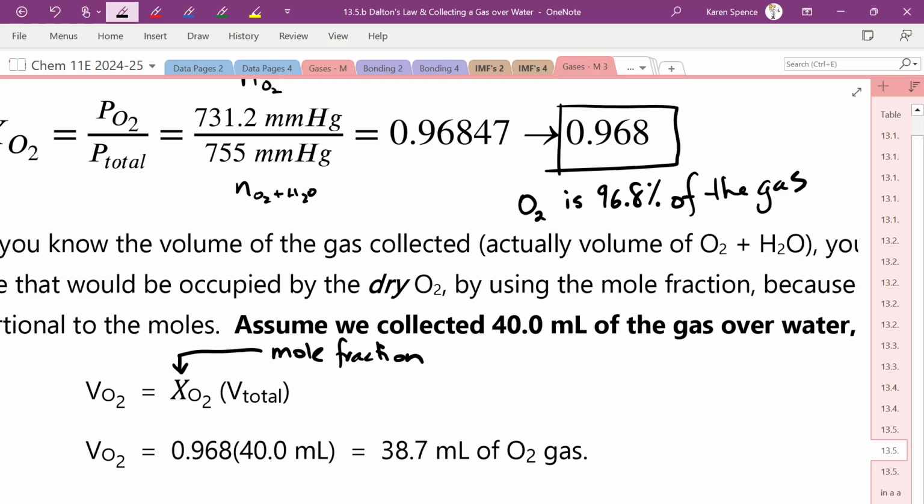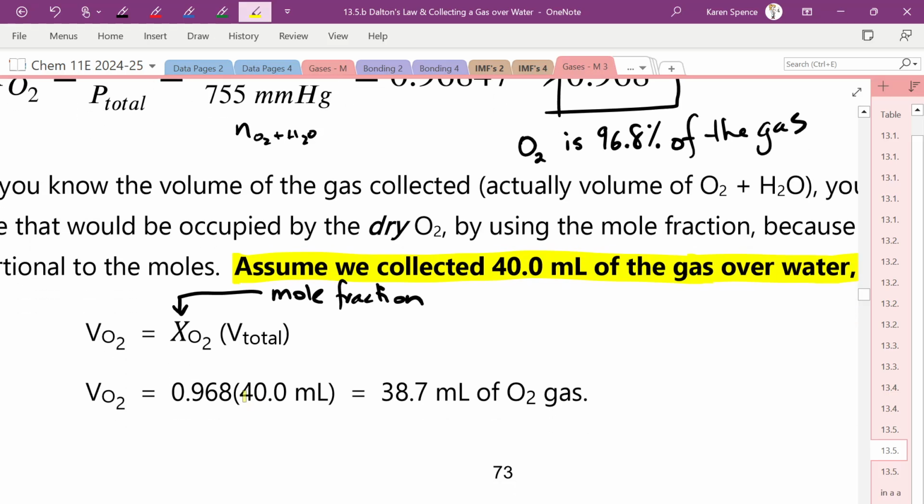So we're taking 96.8% of the total volume, which in this case, let's assume we collected 40 milliliters of gas over top of the water. If we collected 40 milliliters of gas, 96.8% of that is O2, and so we have collected 38.7 milliliters of O2 gas.